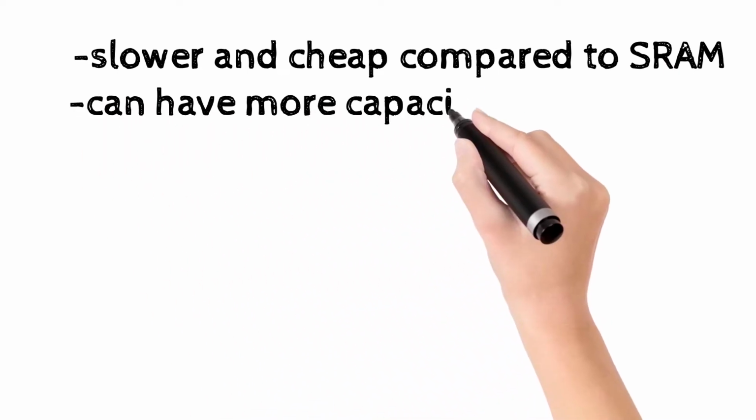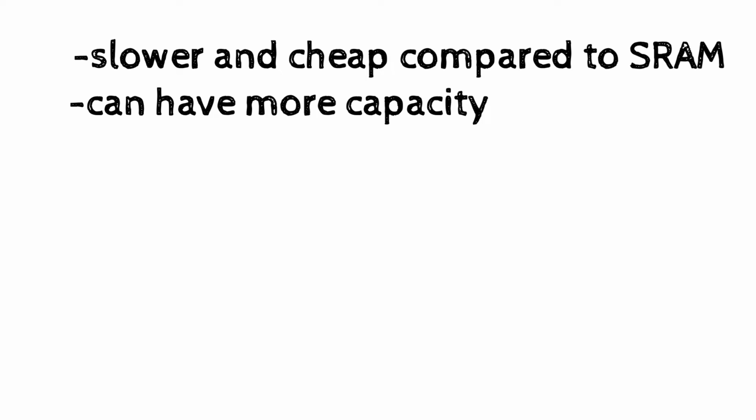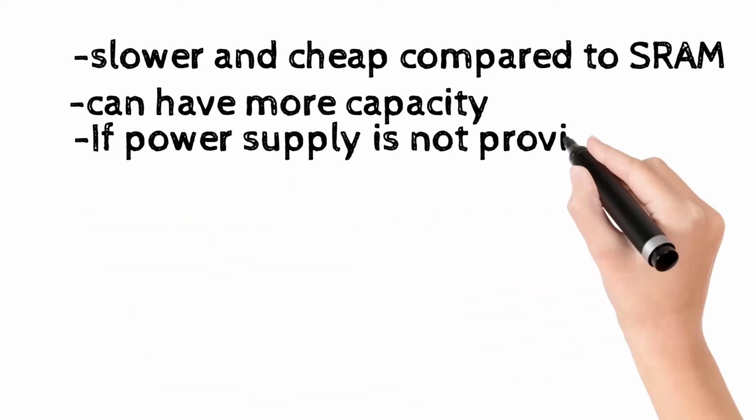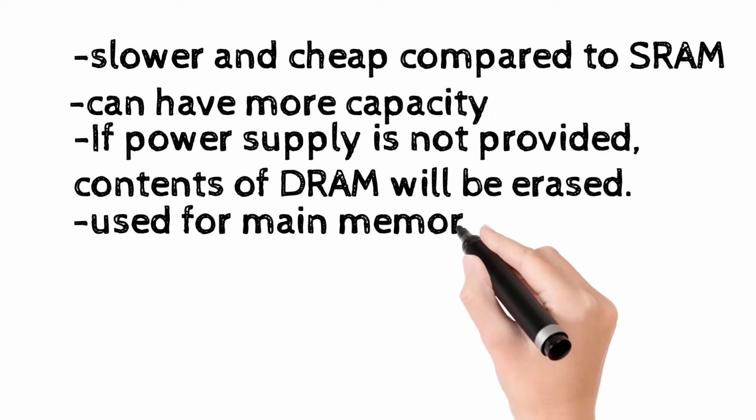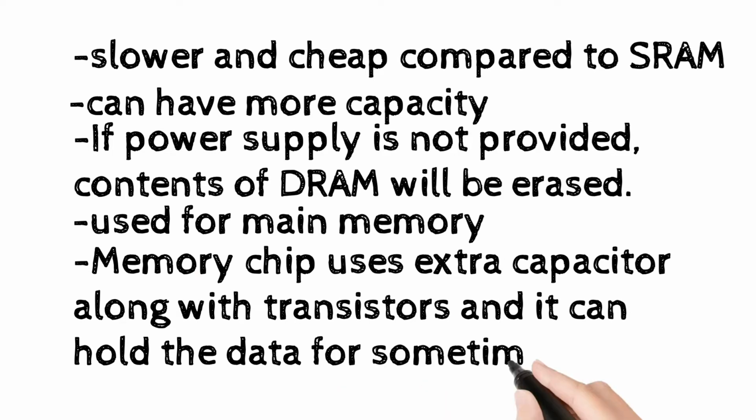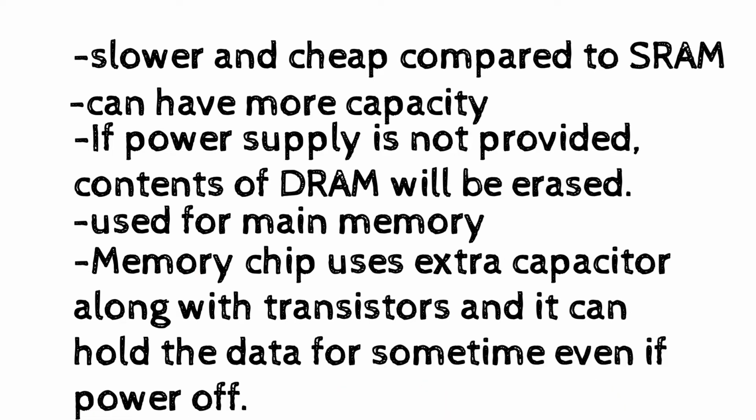It can have more capacity. If power supply is not provided, the contents of the DRAM will be erased. It is used for main memory. The memory chip uses extra capacitor along with the transistors, and it can hold the data for some time even if the power is off.